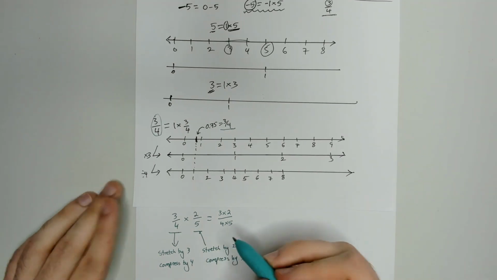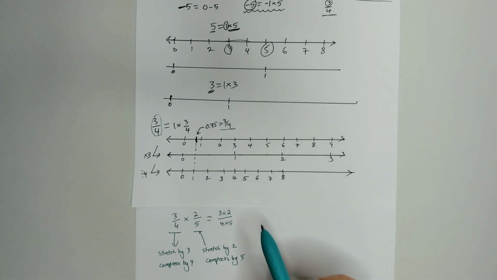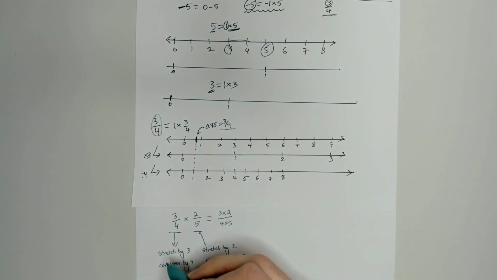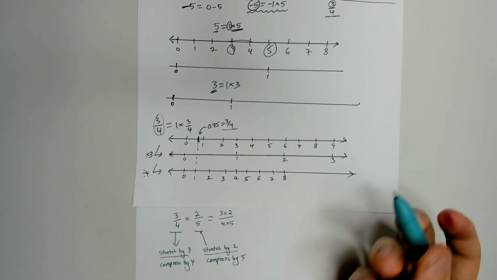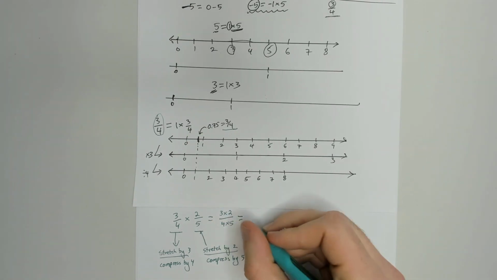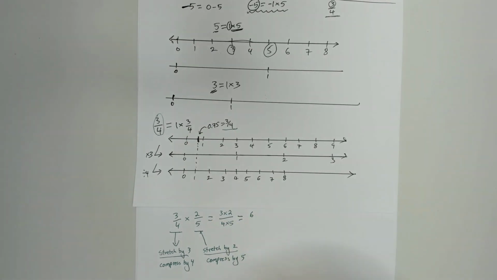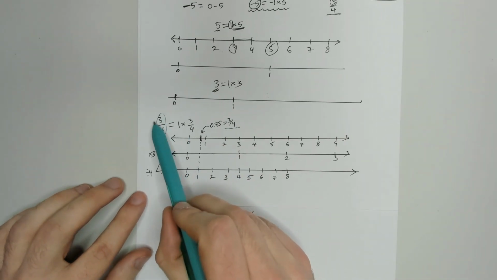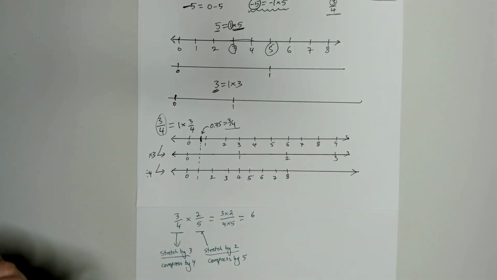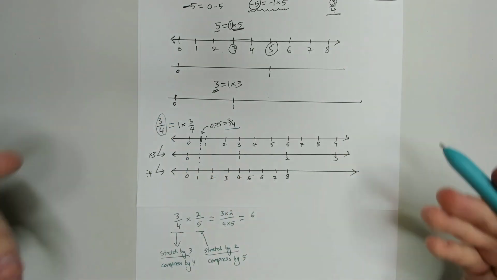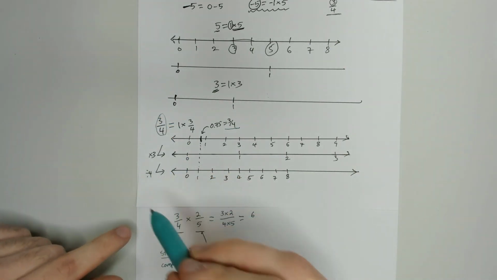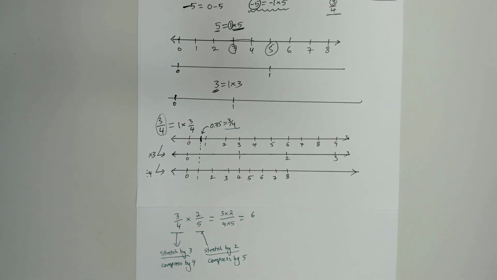And what are we doing over here when we actually multiply the fraction? 3 times 2, that is basically us combining our stretches, right? And it's all happening in the numerator. The numerator, as we know, tells us how much to stretch the number line by, right? When we're thinking of 3/4 as a transformation to the number line, the numerator of 3 told us to stretch the number line by 3. The denominator of 4 told us to compress the number line by 4.